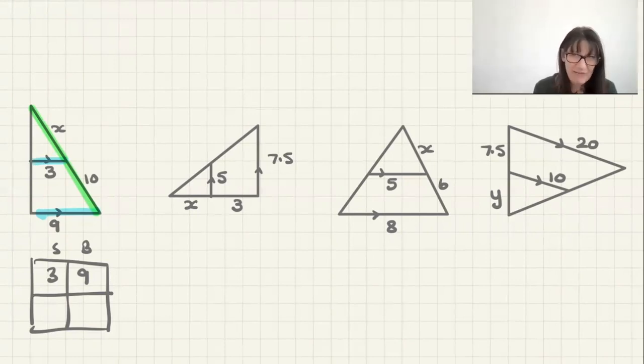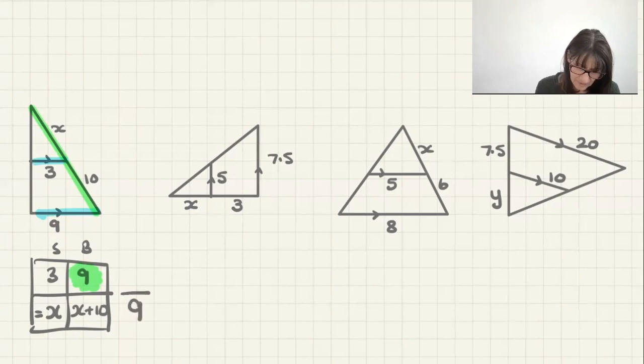I don't actually have a number for the small triangle, and I don't have a number for the big triangle. I've got X plus 10 on the big, and what I want to find is my X. Now I'm going to set this up in exactly the same way. I know that this is my trapped number, okay?